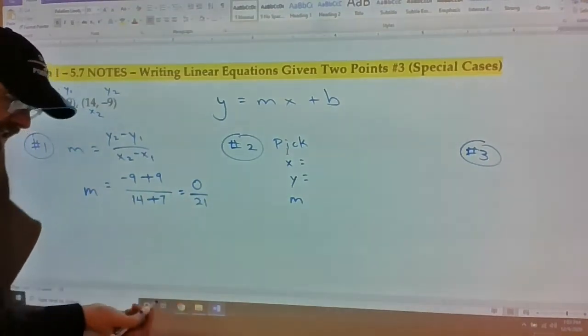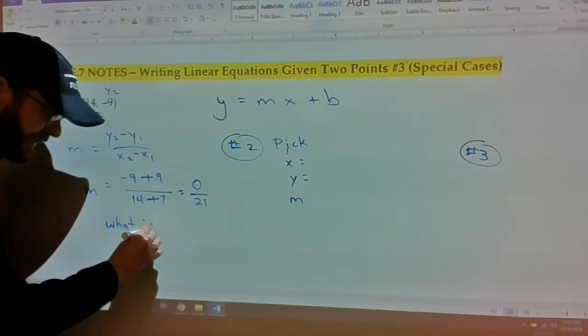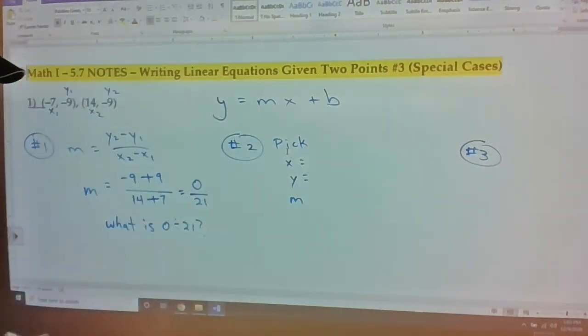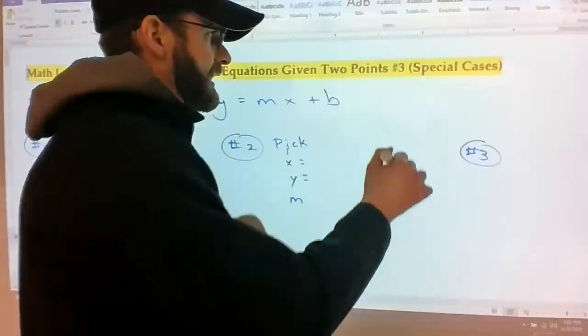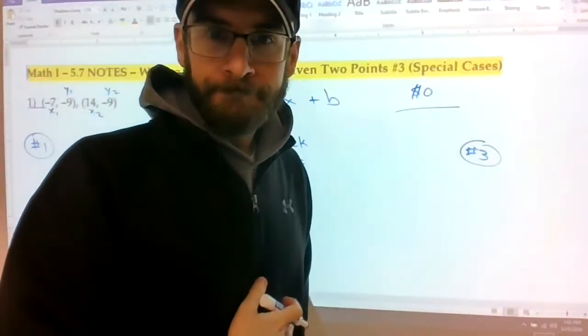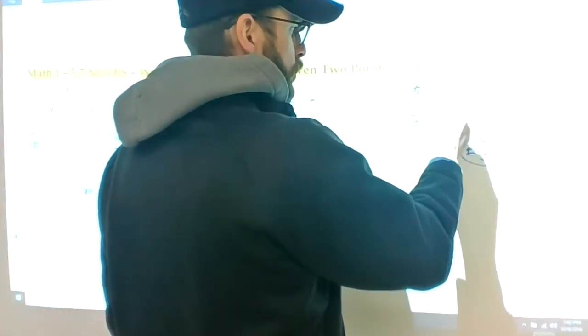Now here's the question a lot of you guys have. What is 0 divided by 21? Well, you can think about it using a real life example. Let's say I have $0 in my pocket, and I'm dividing that $0 amongst 21 people.